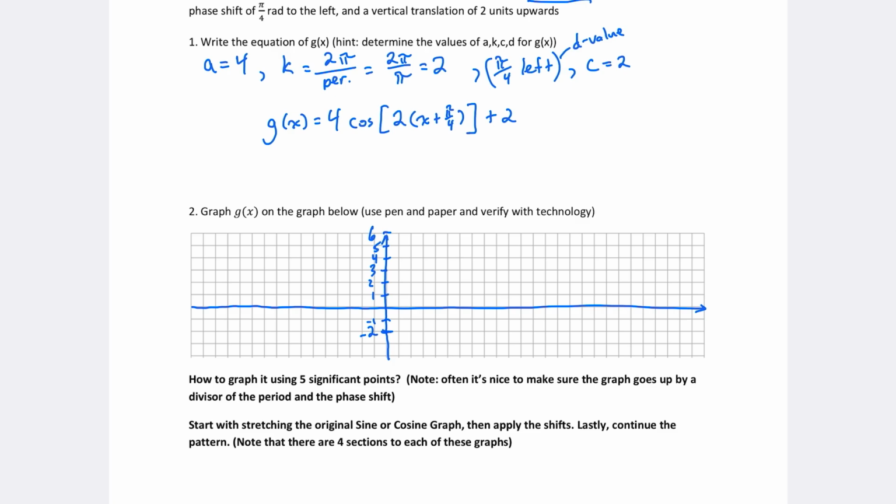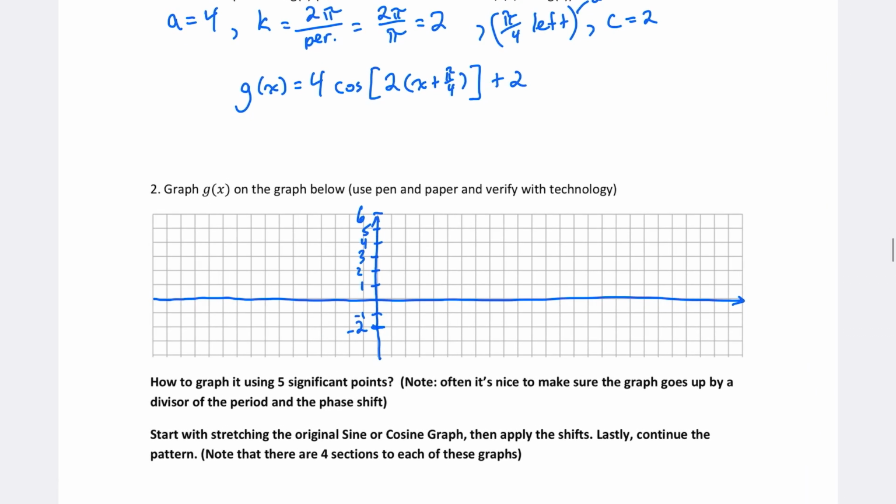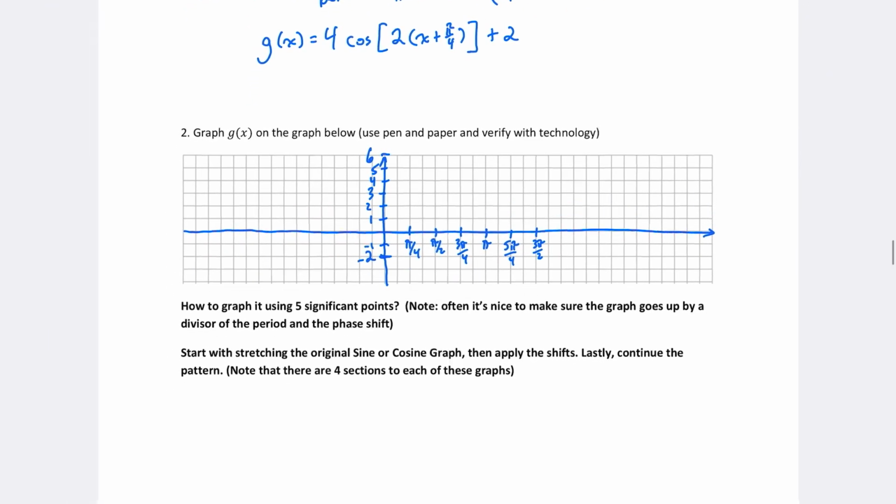So pi divided by 4 is pi over 4. So I'm going to go up by pi over 4. And that means this is pi over 2. Means this is 3 pi over 4, which makes this a pi. And then 5 pi over 4, 6 pi over 4, which is 3 pi over 2. All right, so that's my labels there.